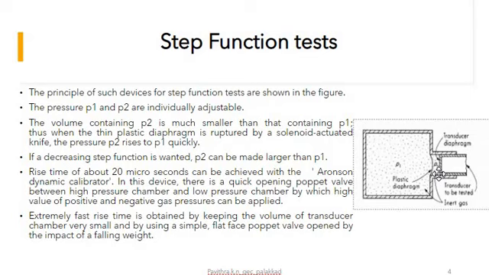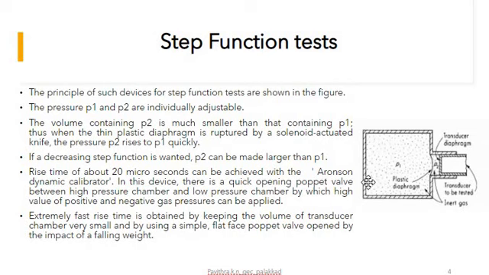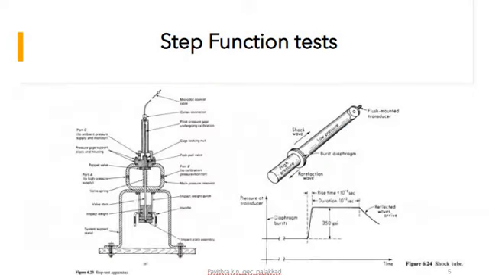Now, a rise time of about 20 microseconds can be achieved in the Arsenal dynamic calibrator, and in this device there is a quick opening poppet valve between the high pressure chamber and low pressure chamber. I will show you the figure of that Arsenal dynamic calibrator.